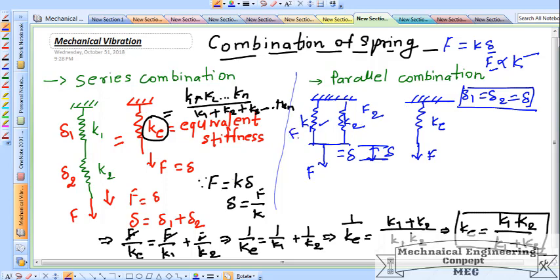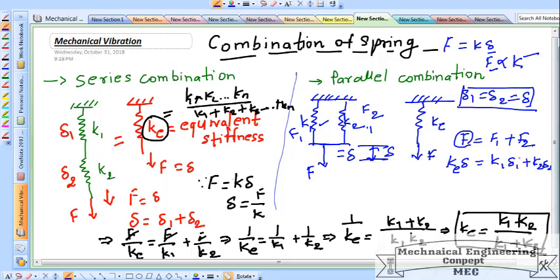For the K1 stiffness spring, we consider the force F1, and for the K2 stiffness spring, we consider the force F2. Then the total resultant force can be represented as F is equal to F1 plus F2. As we know F is equal to K into del, so putting the values, Ke into del for the total resultant force, equivalent stiffness into deflection is equal to K1 into del 1 plus K2 into del 2.